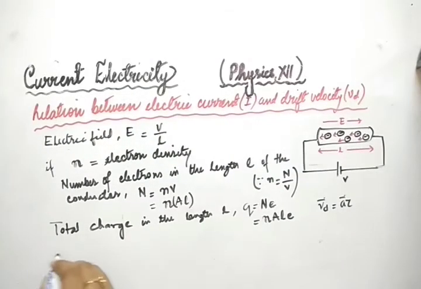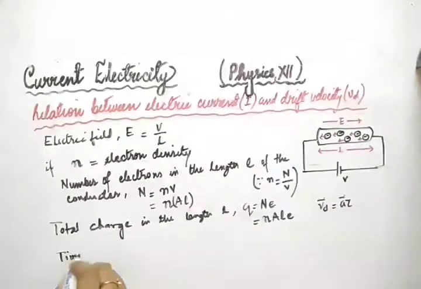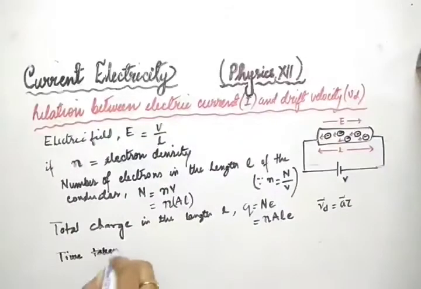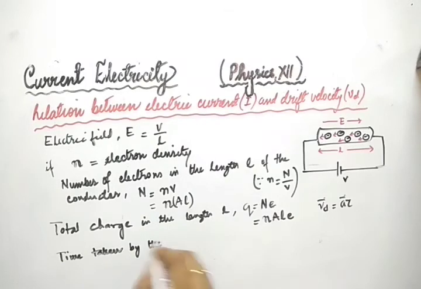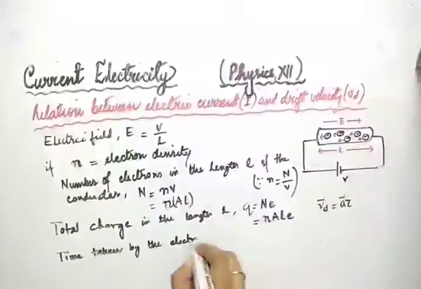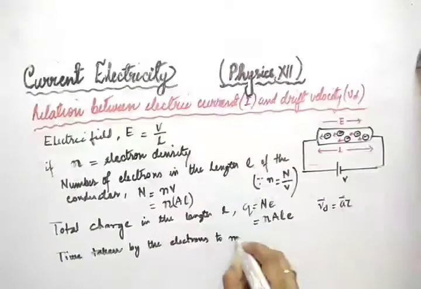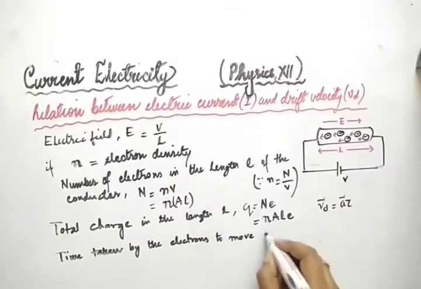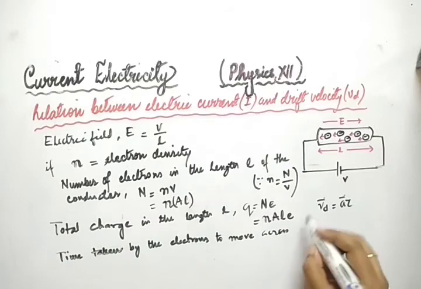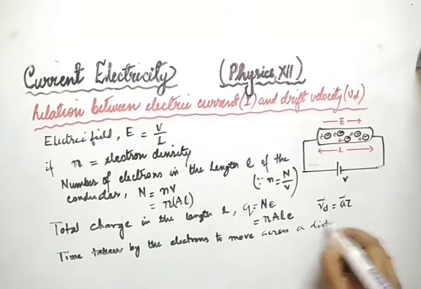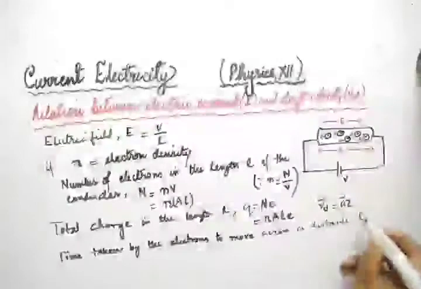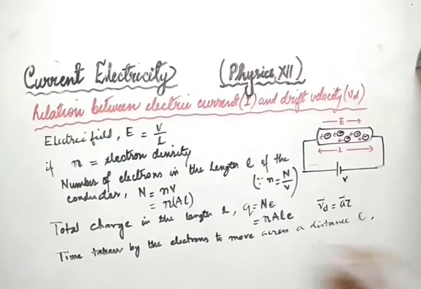Now, the time taken by the electrons to move across a distance L. How can you write it?